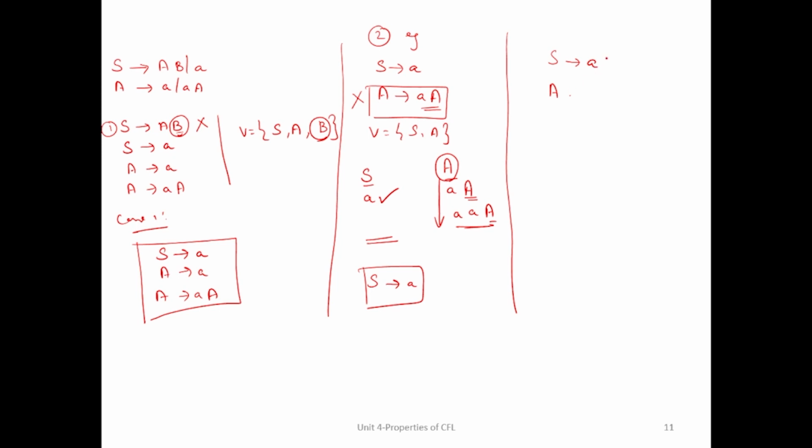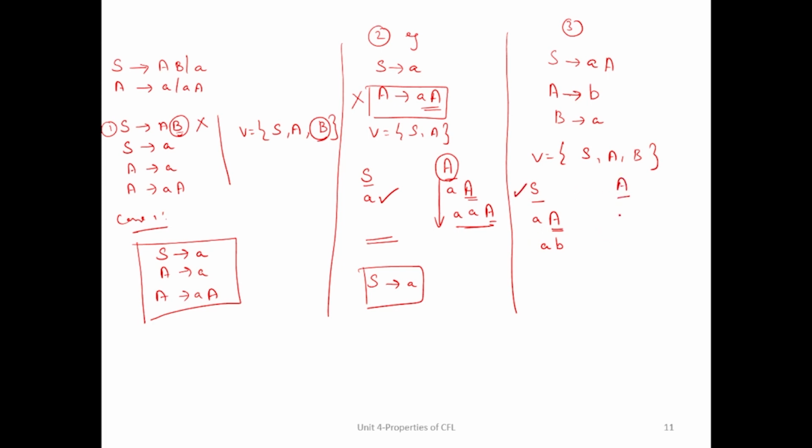S implies small a capital A, A implies small b, and B implies A. Here there are three variables: S, A, B. If you substitute S as small a capital A, instead of capital A I can substitute B. So S is able to derive a string.